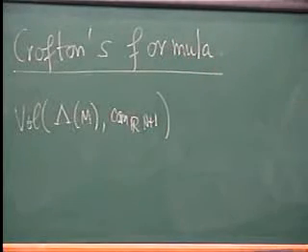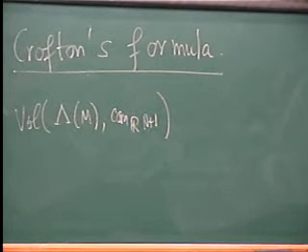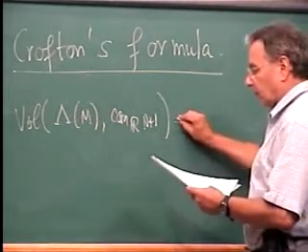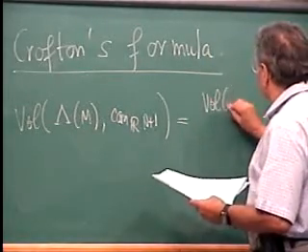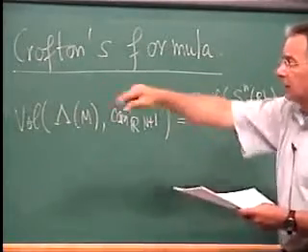So if you look at the volume of the image of M associated with the Riemannian metric on Rn, then you find the following. You find that it's the volume of the sphere with radius r, so that's the same r.